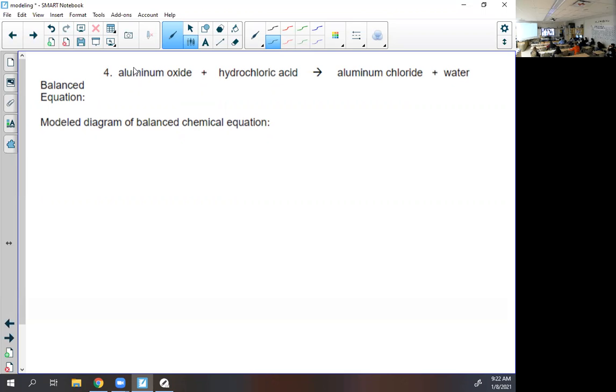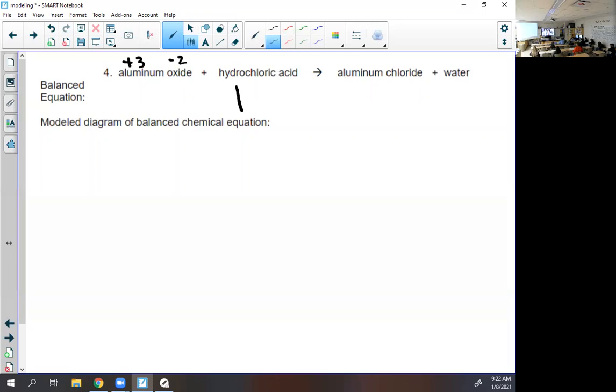If I were you, it really will help you if before you do anything, you find the charges of these things. Now, hydrochloric acid is just a formula from the chart, right? But if you look at your periodic table real quick, you're like, okay, I know aluminum's a +3. I know oxygen's a -2.